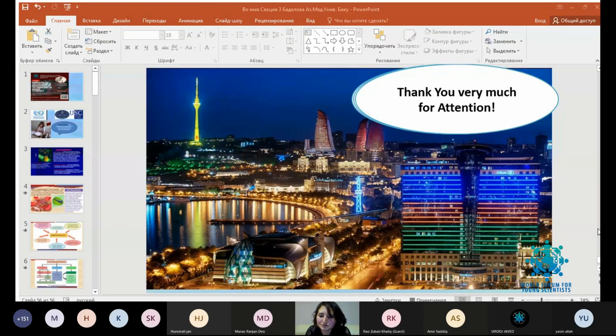Shahrukh Awan is asking, is there any role of nanoparticles in early detection, diagnosis or prediction of any specific disease? Yes, of course.